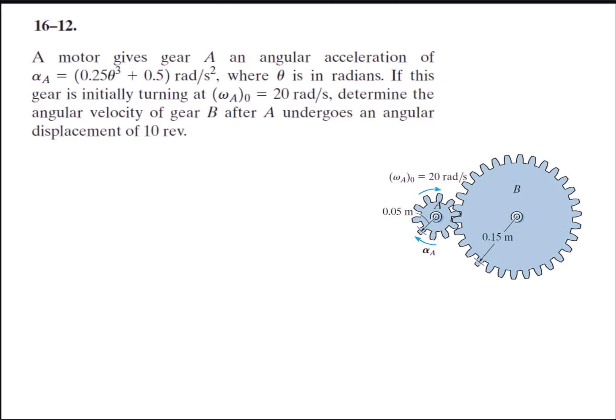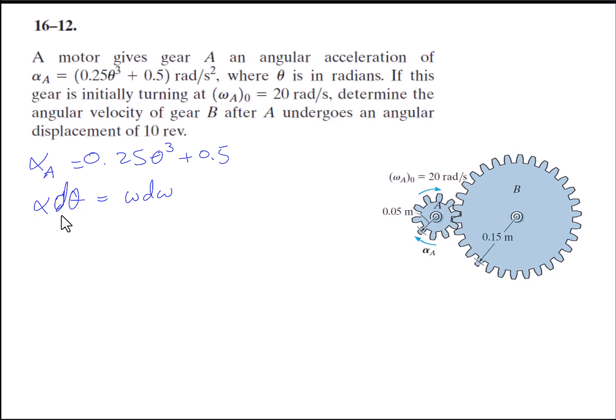We have an acceleration of gear A that is 0.25 theta cubed plus 0.5, and one of the three kinematics equations we have is alpha d theta equals omega d omega.